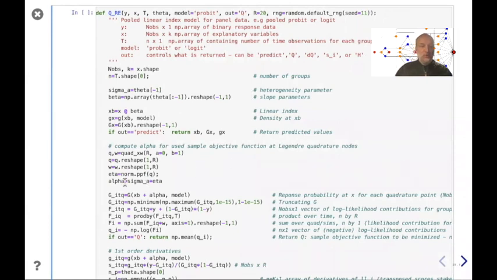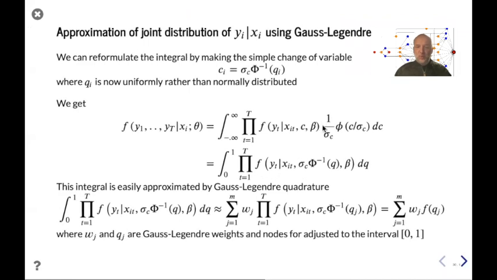Okay, so we move further down. This is the next line, right? I multiply with the standard deviation, and here, sorry for the confusing notation, it's called sigma A and not sigma C. Okay, and then what I do here is I evaluate the density at x beta plus alpha. Okay, so this is what we have here. This is our formula for this guy here.